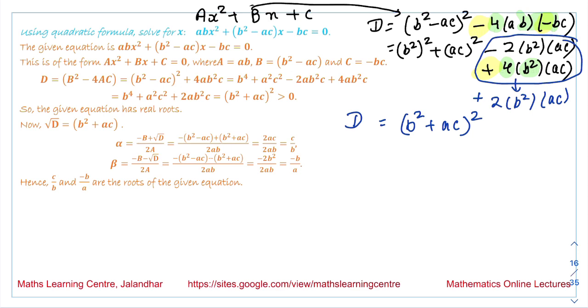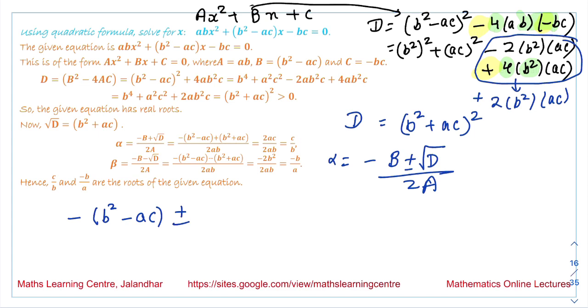So the solution we have is alpha is equal to minus b plus minus square root of d over 2 times a. So minus b means minus b square minus ac, plus minus the square root of d, which is b square plus ac.